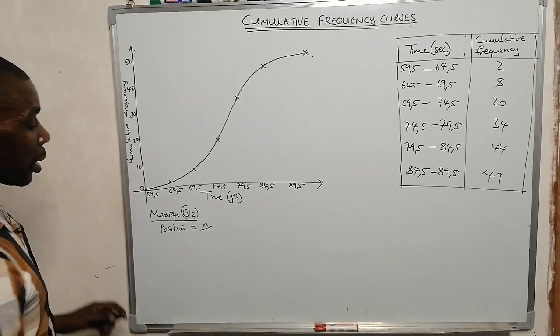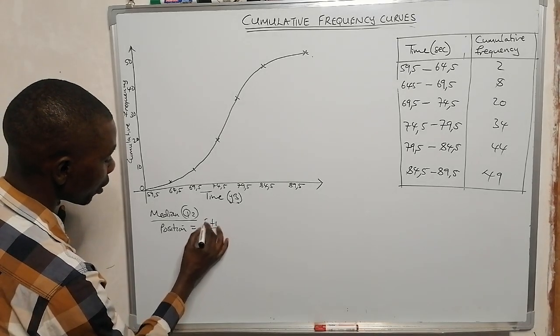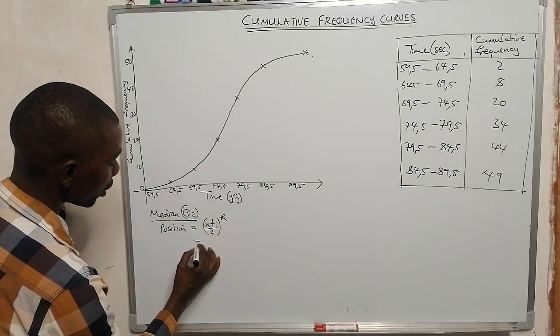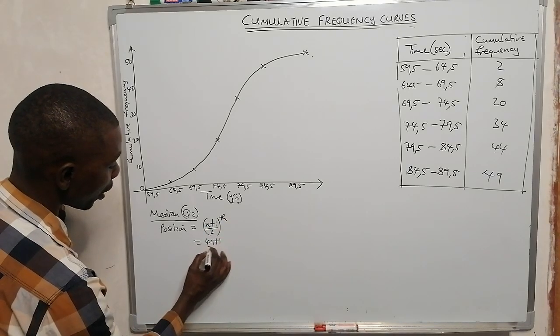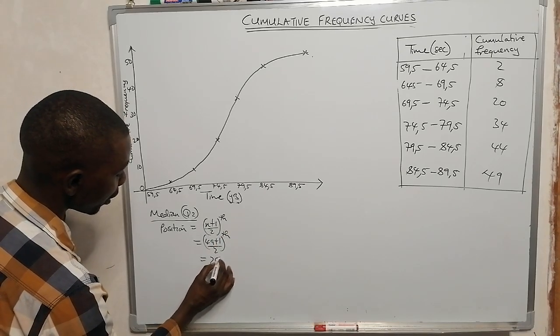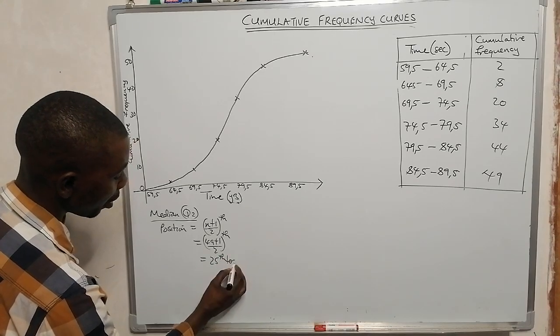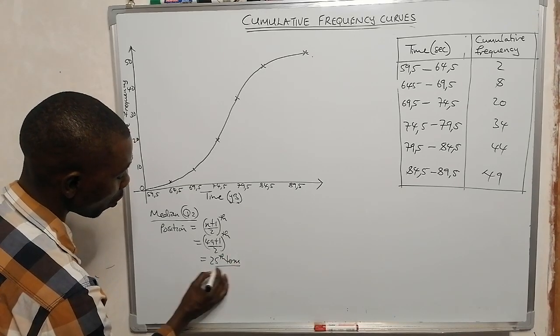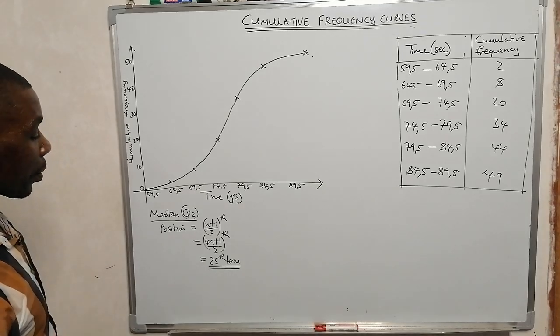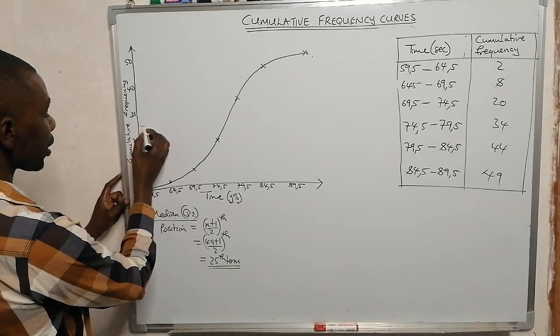So 49 plus 1 over 2 is 25, the term. That's how we use it if your n is an odd number. So your 25 will be something like here.